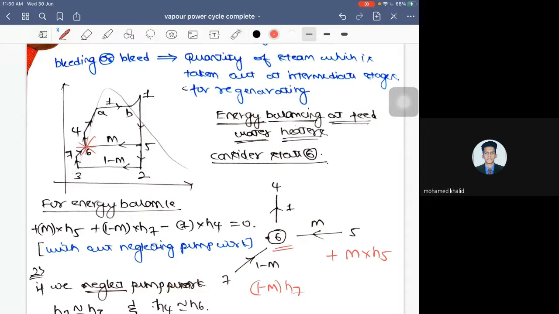Approaching, in the sense positive. The last one here, similarly, mass flow rate into enthalpy, so here it is 1 into h4. Now this particular thing is going away or approaching state 6.